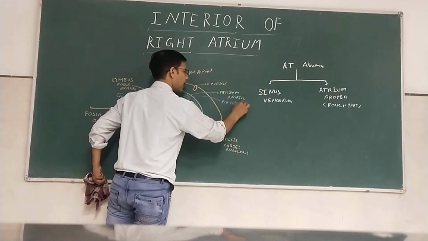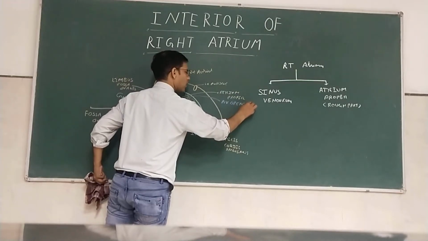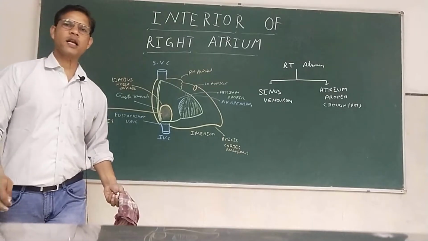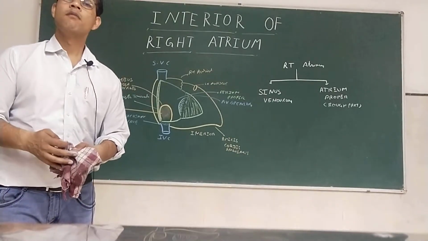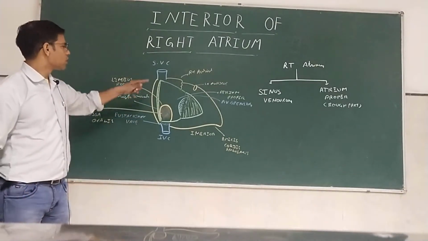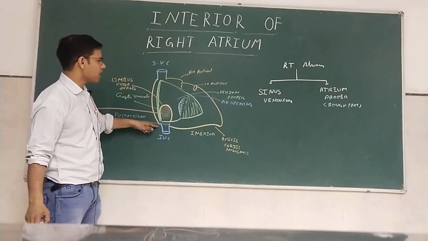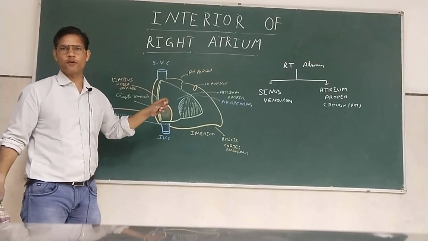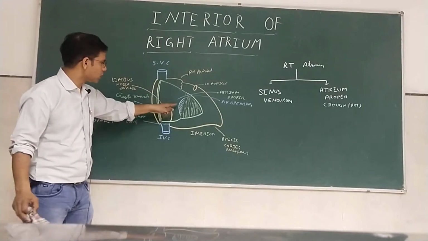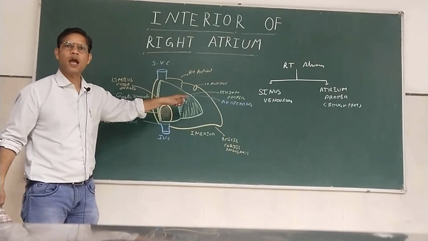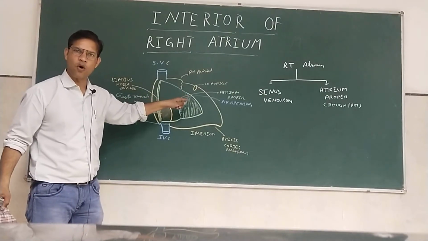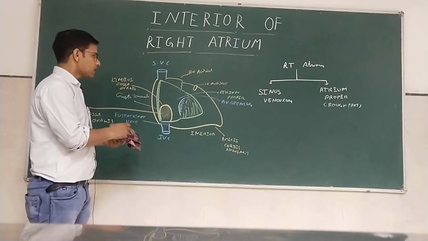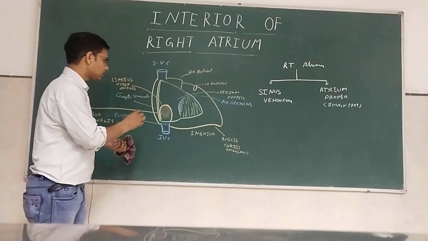It is the single outflow for the right atrium. Multiple venous channels are coming, the superior vena cava, the inferior vena cava, many channels, but the outflow is toward the right ventricle through this one only, that is known as the right atrioventricular opening, which is guarded by the tricuspid valve.